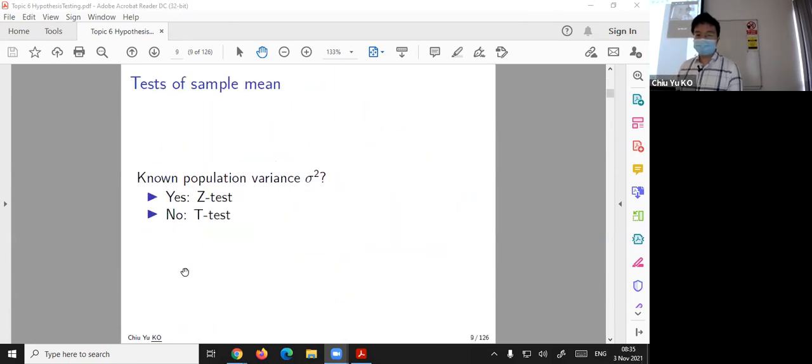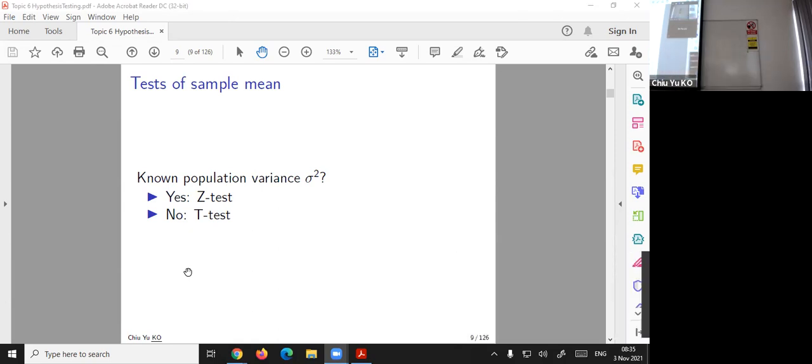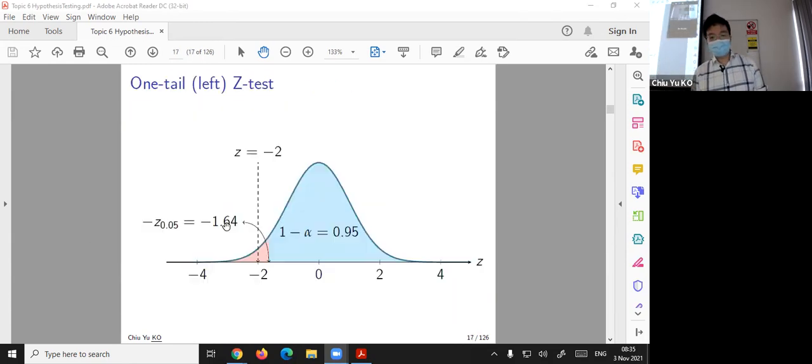One is the z-test when you know sigma square, otherwise you do a t-test, okay? And in general, you don't know sigma square. So basically in the real world, you do a t-test, okay? But for sample proportion, because mean and variance are related, it's okay to use the z-test when you do hypothesis testing for the proportion, okay?